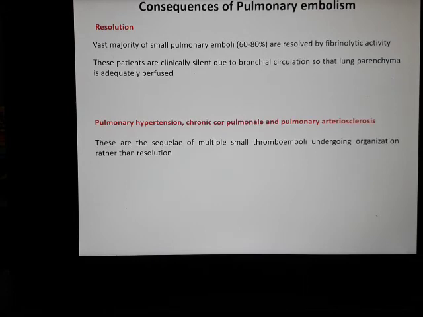That means they will become part of the walls of the vessels. That is called organization. I already discussed it as a consequence of thrombosis. Due to this organization, the patient may suffer from pulmonary hypertension, chronic cor pulmonale, and pulmonary arteriosclerosis, because these thromboemboli become part of the vessels. So this completes pulmonary thromboembolism.